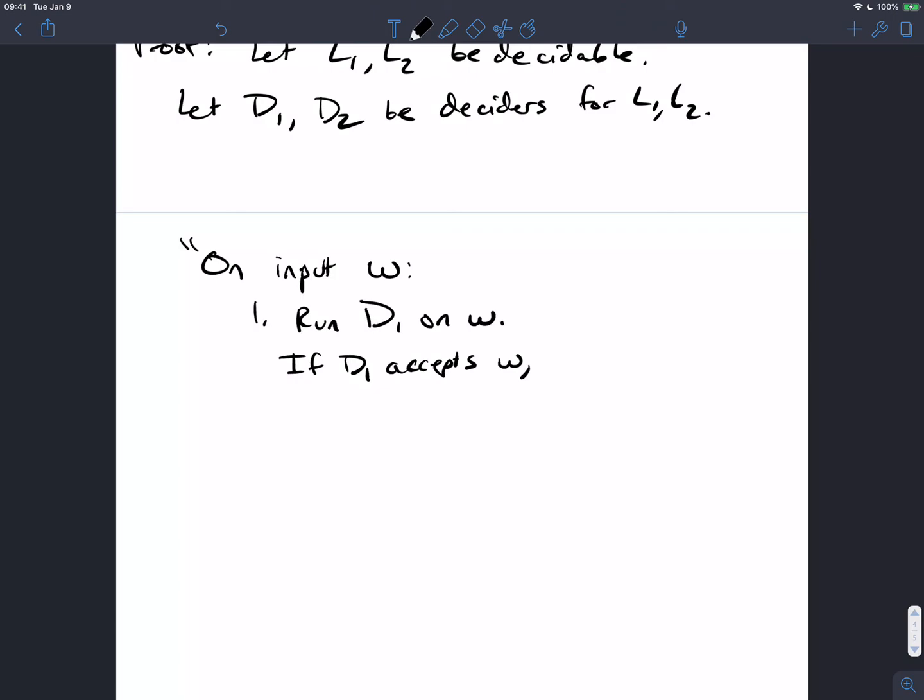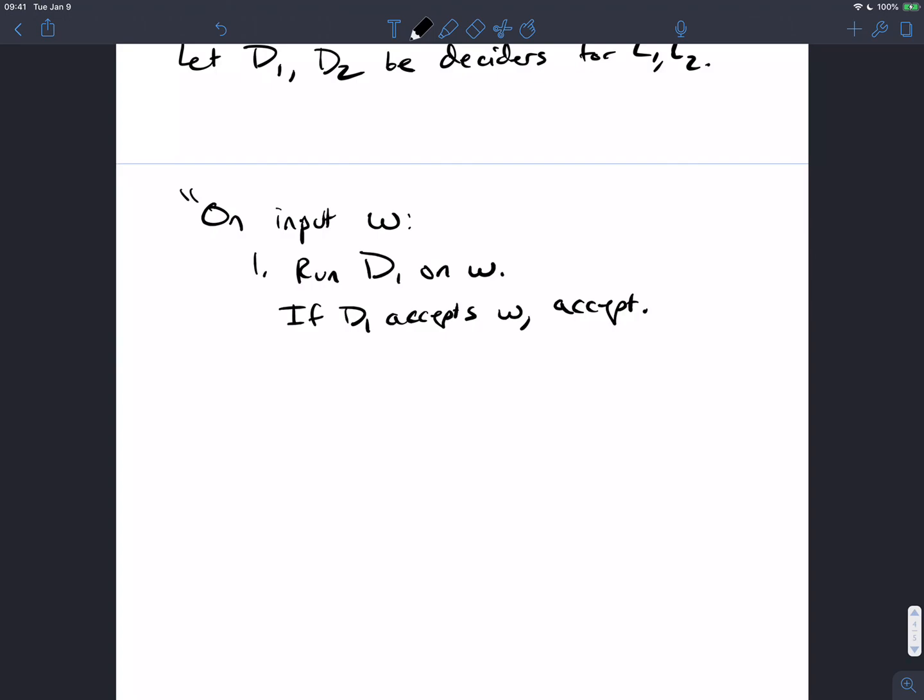If D1 actually does say yes on W, it should also say accept. So we say accept. Otherwise, which means it rejects W, we continue. What should the second step do? Run D2 on W.